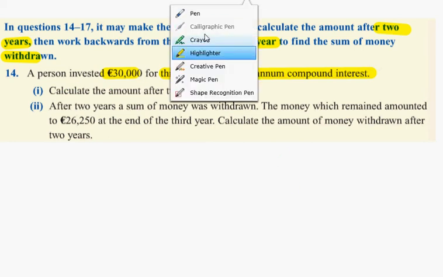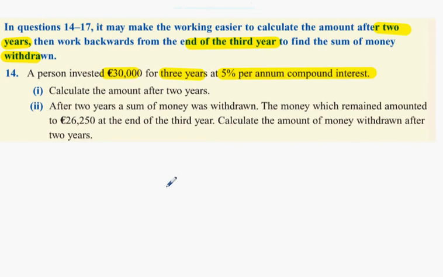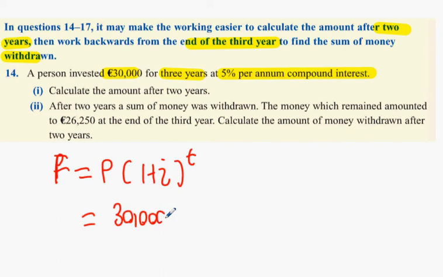Okay. So that's quite an easy question, isn't it? F equals P times (1 plus i) to the power of t. Now there's two different ways you can think of it. You can use your formula, which is in your notes. It can be 30,000 multiplied by 1.05. You're increasing it by 5%. How many times are you increasing it by 5%? 3 times.